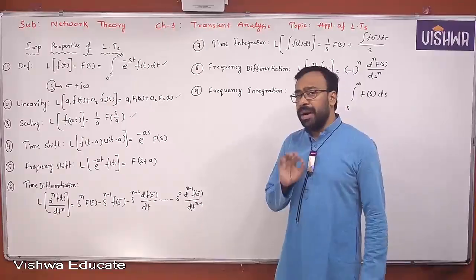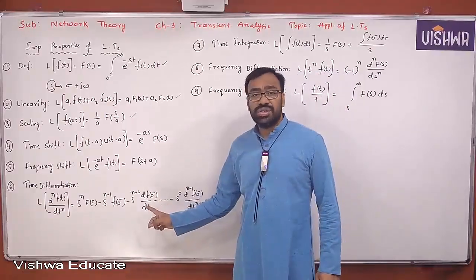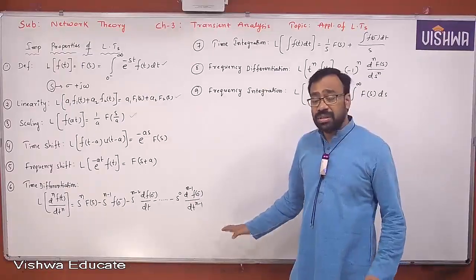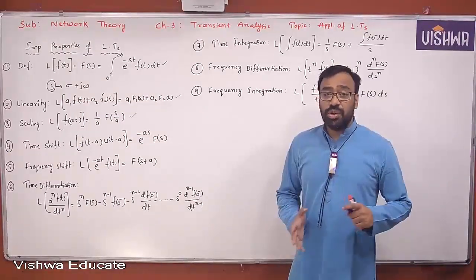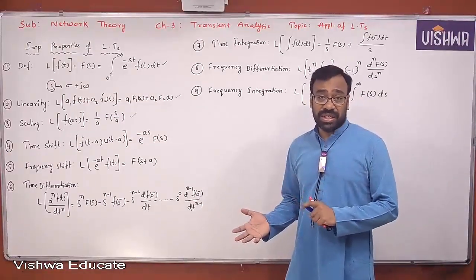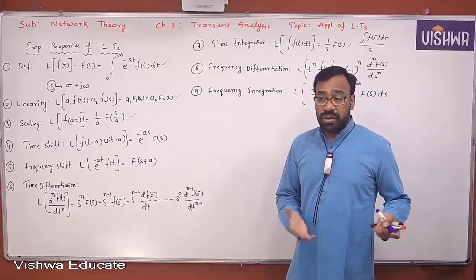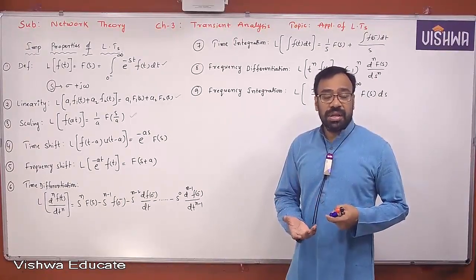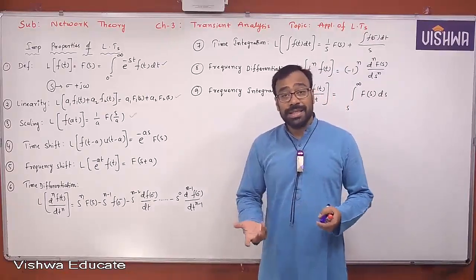That is why you should remember 0 minus conditions instead of 0 plus in this formula. We know this very well, because when the current through a capacitor is infinite, that is an ideal impulse, the voltage across the capacitor may change instantaneously.